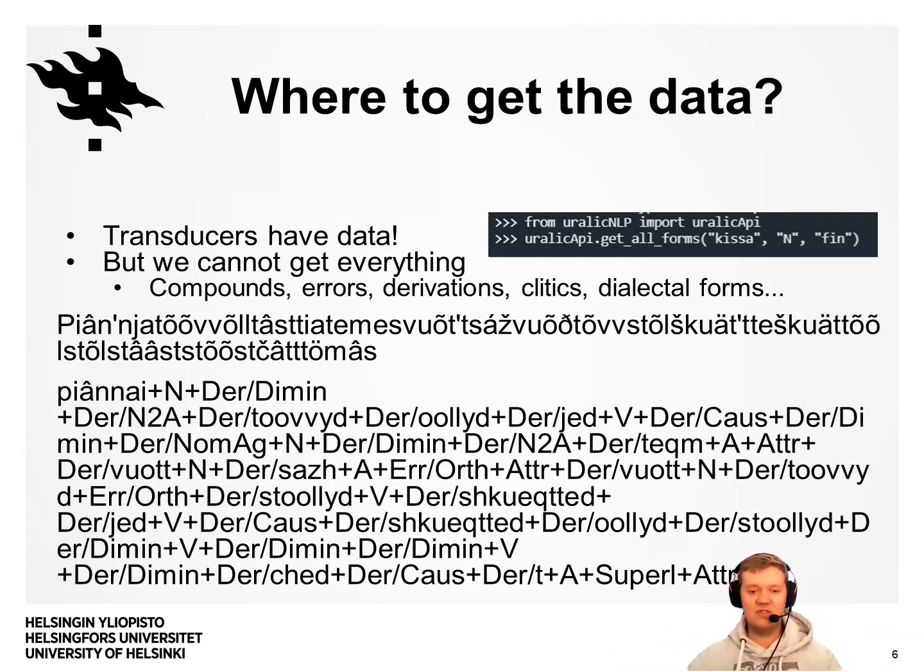And then it even introduces some orthographic errors along the way. So it was clear that we couldn't get everything out from the FSTs, or we would end up with a whole bunch of forms per word, and we cannot really afford that. Especially, it doesn't make any sense to train a neural model to handle this kind of word that nobody would ever know how to say, or would even write down.